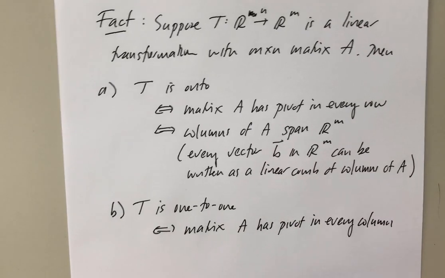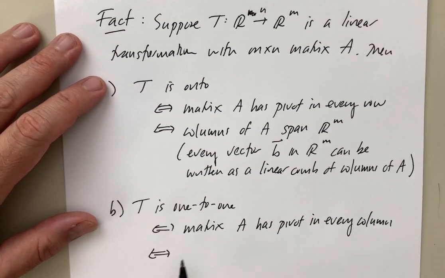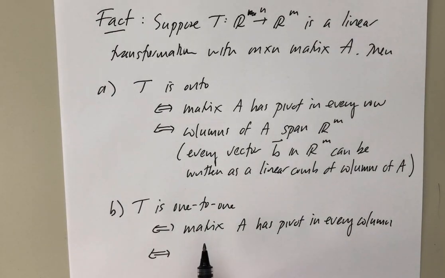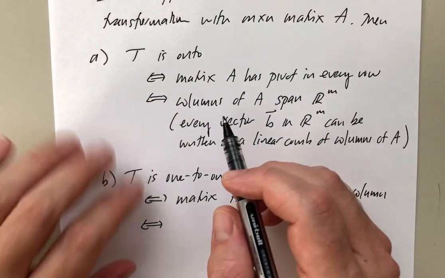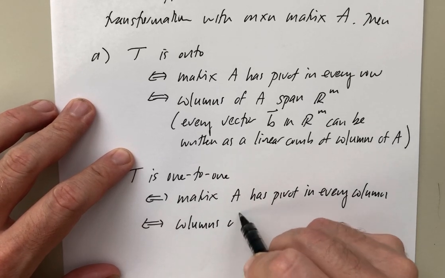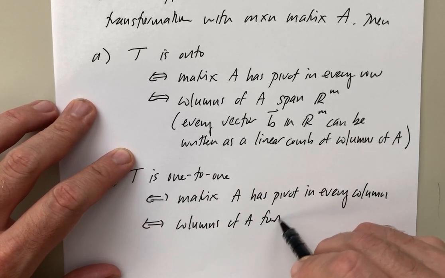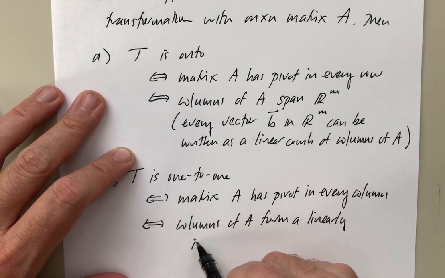Now I want to interpret this in terms of the vector equation, where I look at the columns of A. Remember, having no free variables, which is what this is saying, has an interpretation in terms of vectors. If you recall, the columns of A form a linearly independent set.